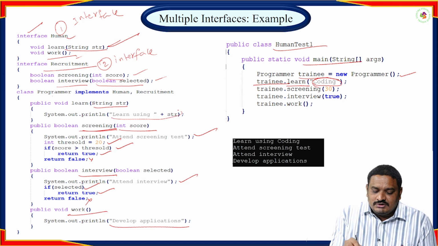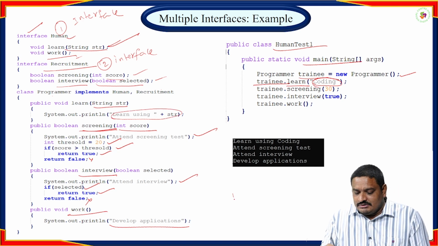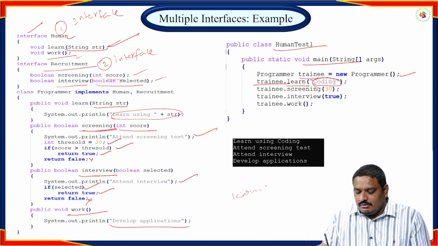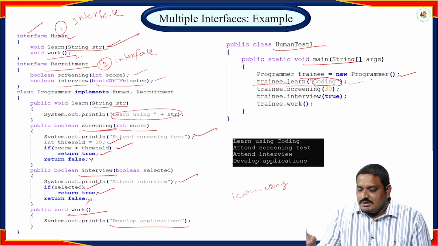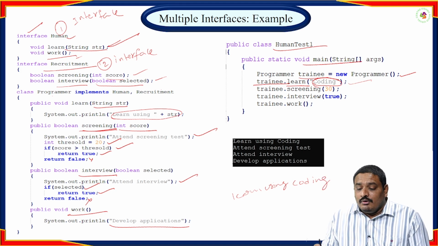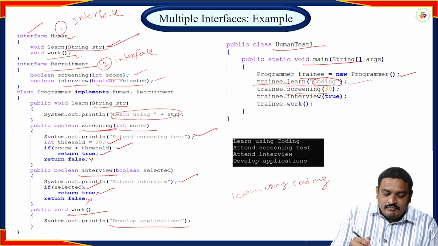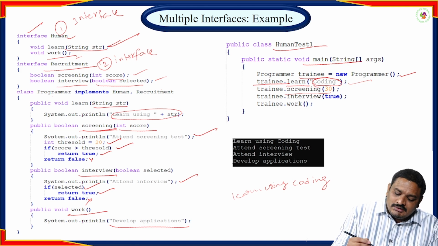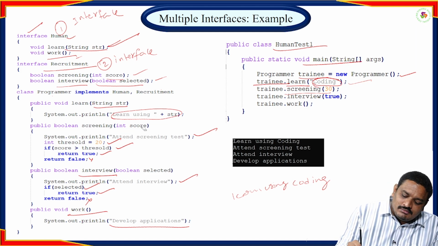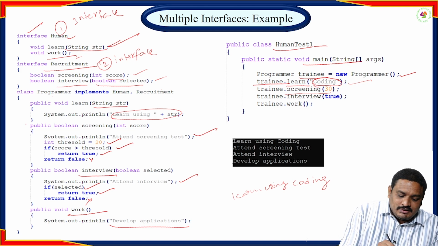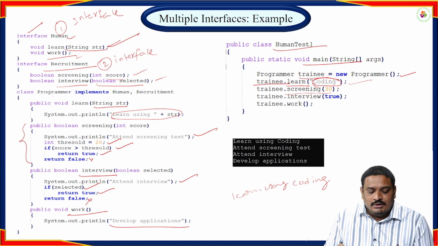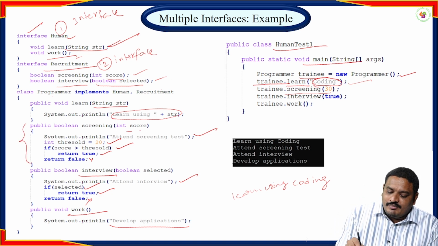So, learn using coding. That is the statement. Whenever we call the screening method, what is the screening method here? This part is the screening method. Here the screening method has one parameter.